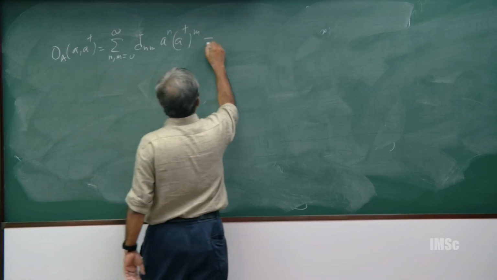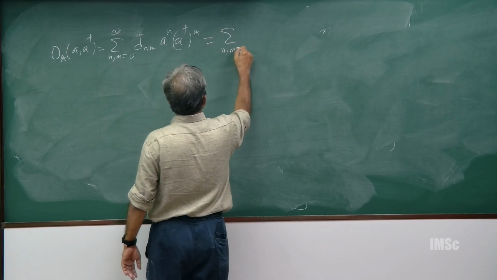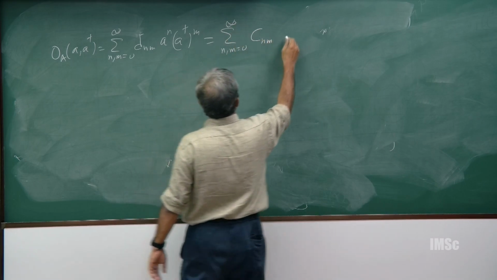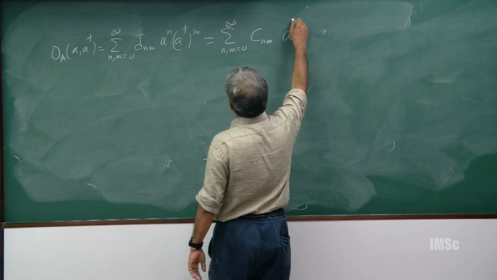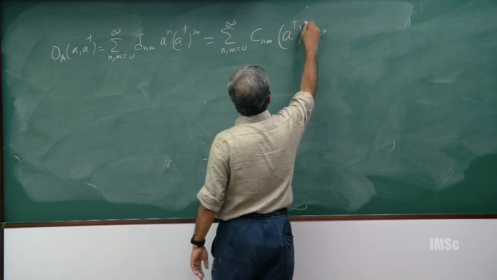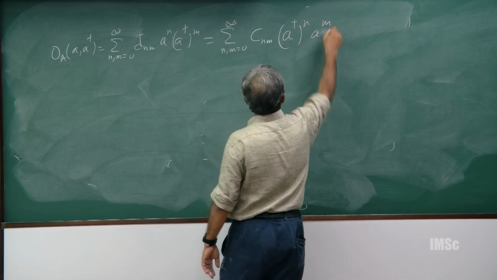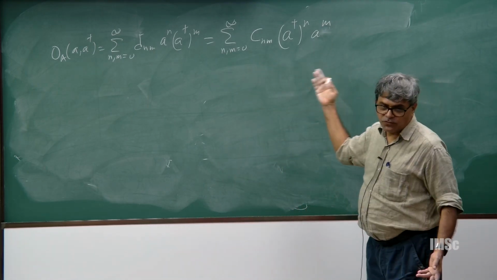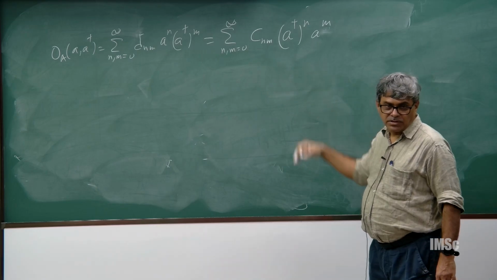Let us say that this is equal to the sum over n and m equal to 0 to infinity of C of n m, A dagger to the power n, A to the power m, right. One can always do that, from here to here. Okay.